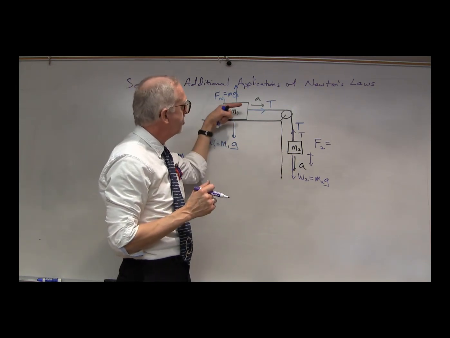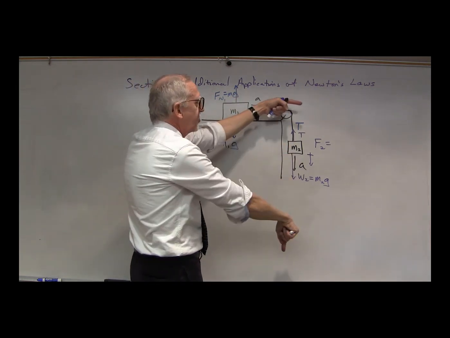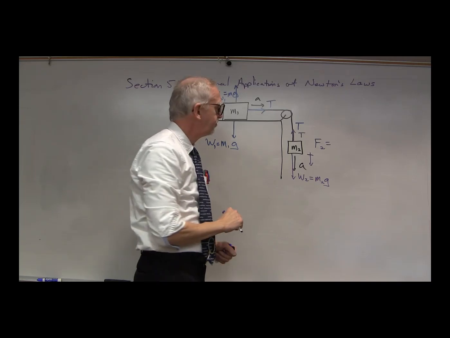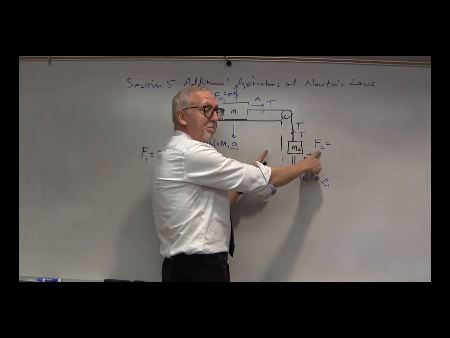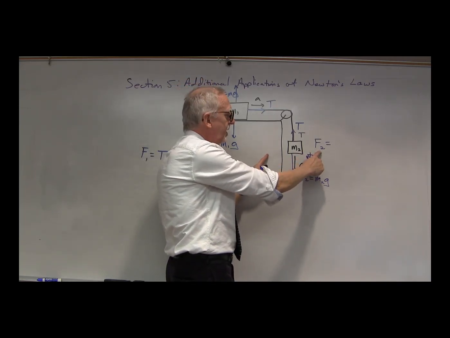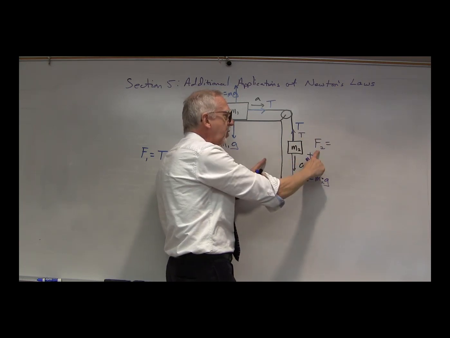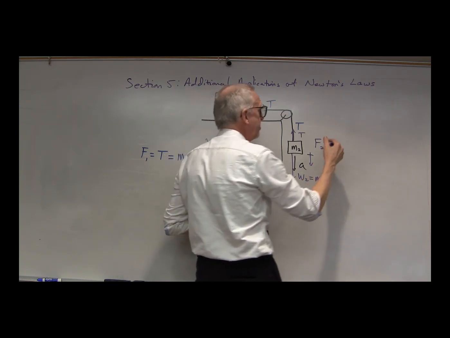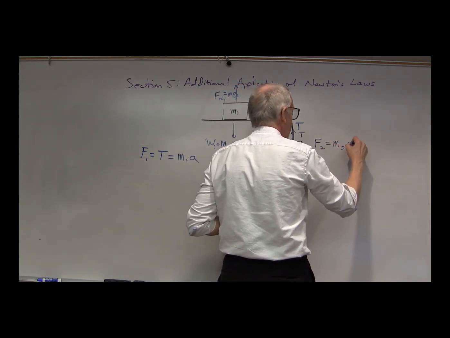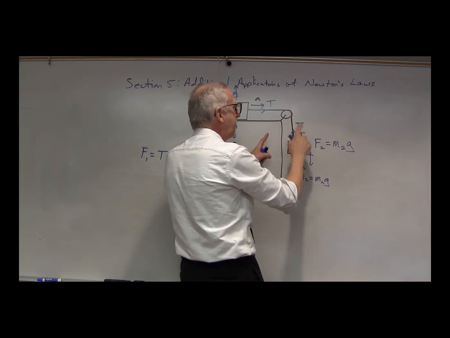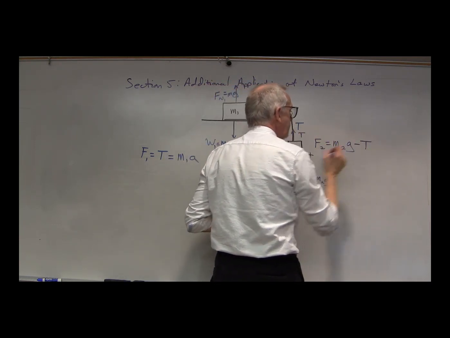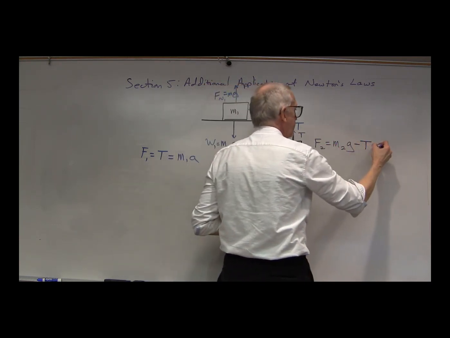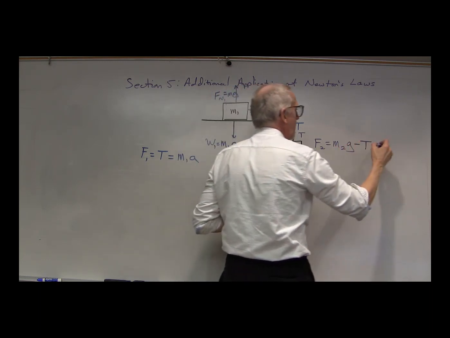So we'll assume that basically motion this way is positive. So what are the forces on mass 2 with downward as positive? Well, that'll be weight 2, so m2g, and then minus T. And that must equal m2a.